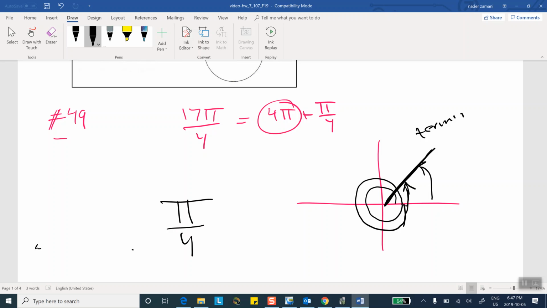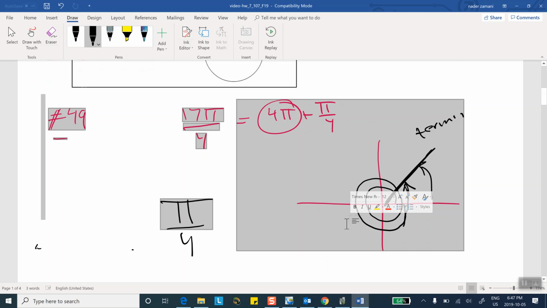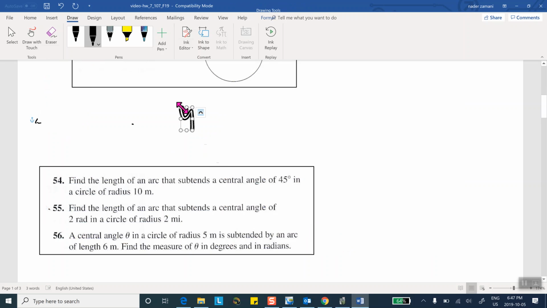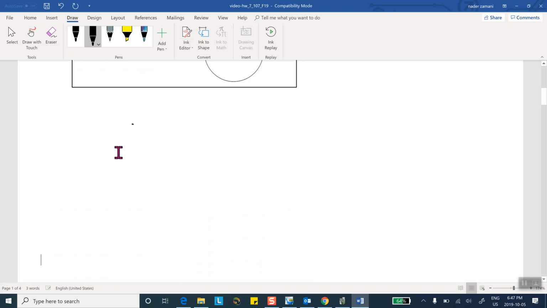Good. Number 50 is 51 pi over 2. So let's get through this. Problem number 50 says 51 pi over 2. Is that right? Yeah.